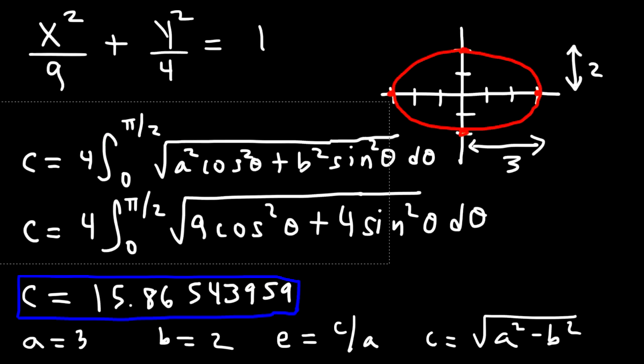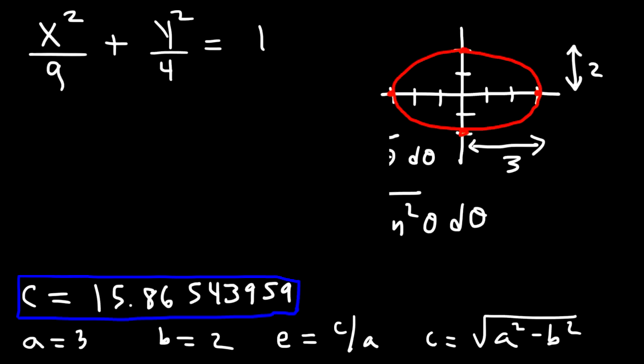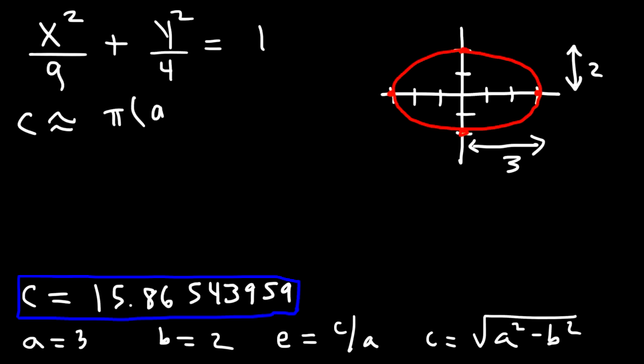Now let's estimate the circumference using 2 different formulas. So let's say you're taking a multiple choice test and you need to calculate the circumference of an ellipse, and all of the answers are very far apart. Then the quickest way to get a decent approximation is to use this equation. The circumference is approximately pi times a plus b.